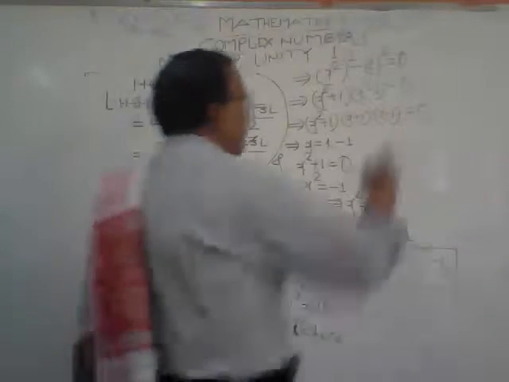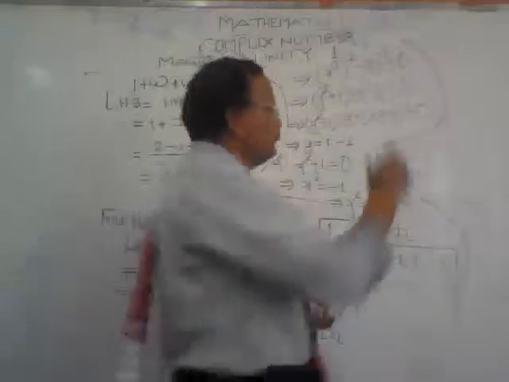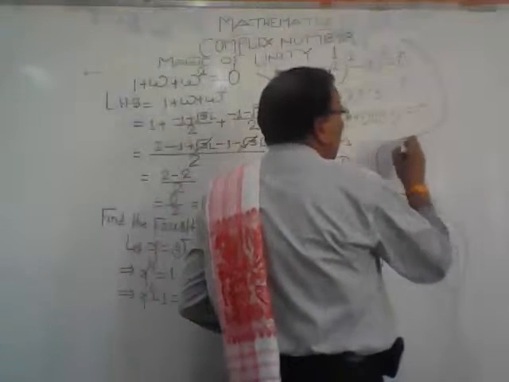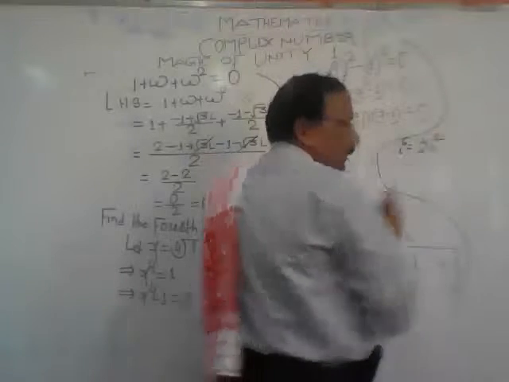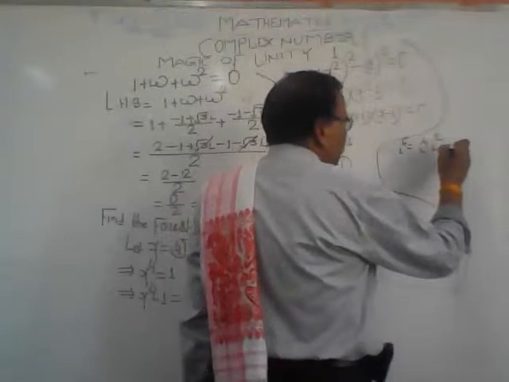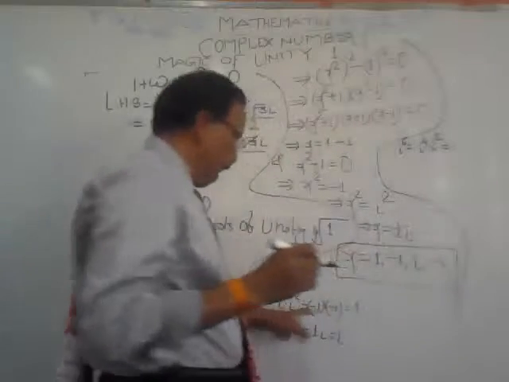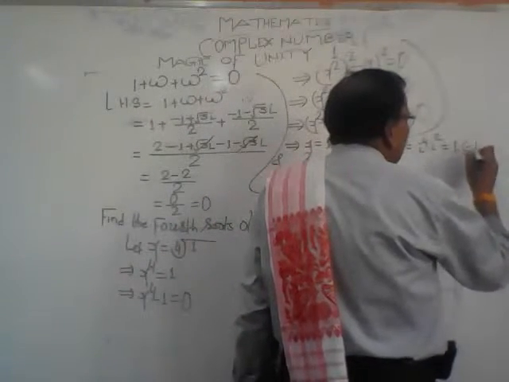In the same way, what will be i to the power 6? i to the power 6 is equal to i to the power 4 into i square. i to the power 4 we have found is 1, so 1 into i square is minus 1.